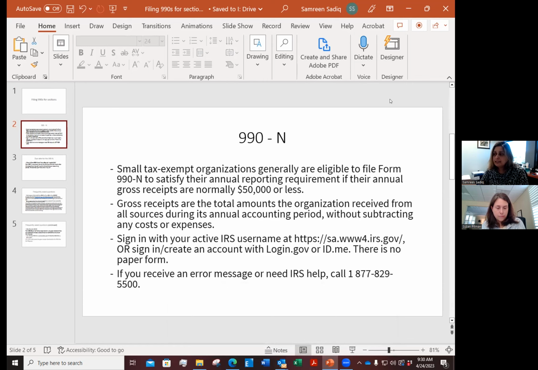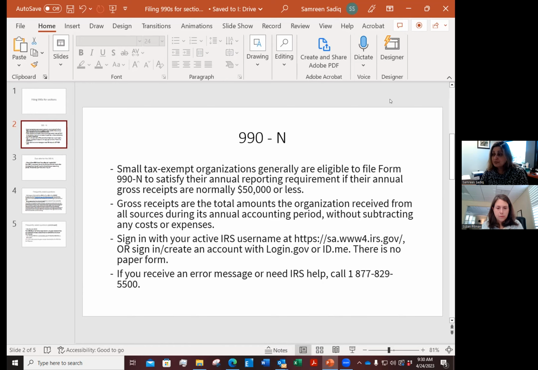The 990N is usually filed by going to the IRS website, which is listed here, and you sign in using your login.gov ID, or you can create a login for yourself at id.me. Unfortunately, there's no paper form for the 990N, so it has to be done online.